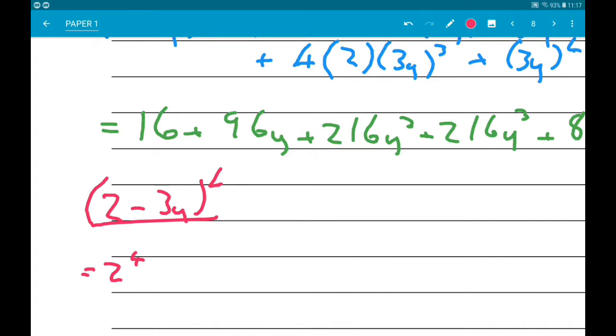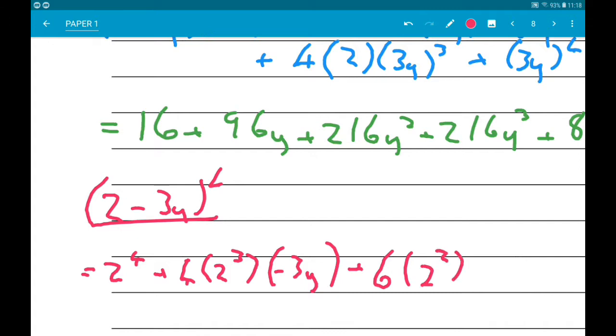Second term is then going to be add 4 times 2 cubed times minus 3y to the power 1, so that's just minus 3y. Add 6 times 2 squared times minus 3y squared.